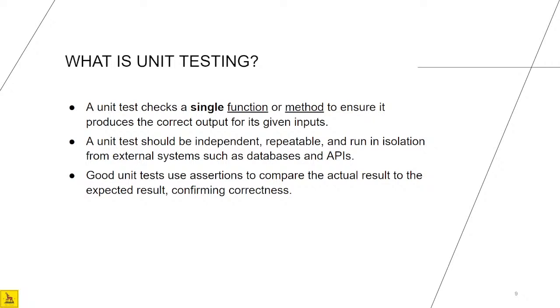A unit test should be independent, repeatable, and run in isolation from external systems such as a database and APIs. A good unit test uses assertions to compare the actual result to the expected result, confirming its correctness.